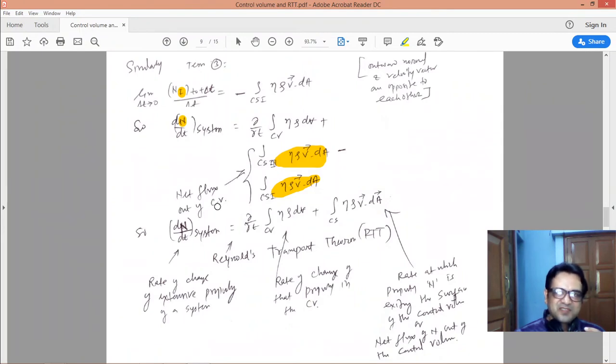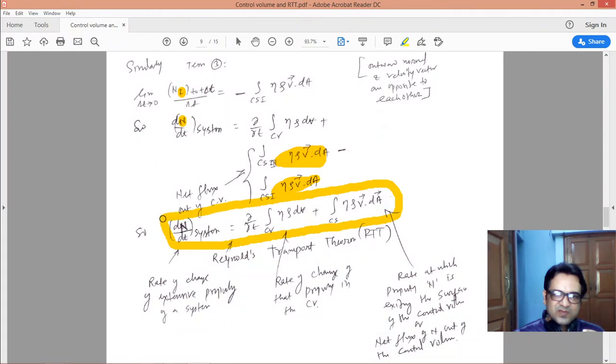Flux means basically per unit time of any extensive property: mass flux is mass flow rate, momentum flux is momentum per unit time, energy flux is energy per unit time. So this is our Reynolds transport theorem.